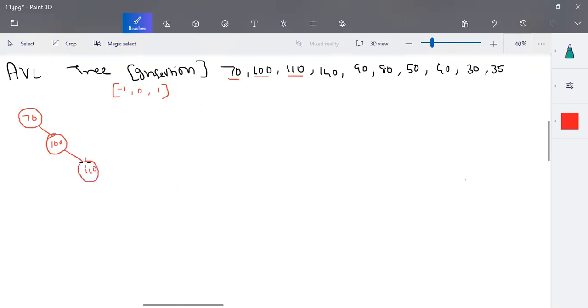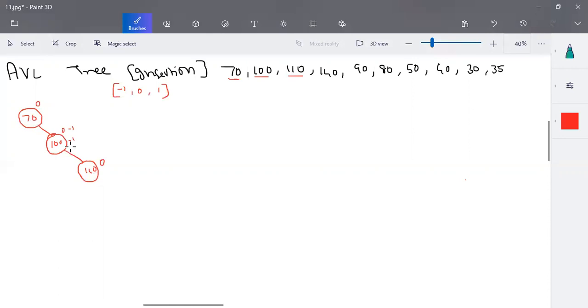Now calculate the balance factor. For the leaf node, the balance factor is 0. For 100, there is no left subtree, and the height of the right subtree is 1, so the balance factor is 0 minus 1, which is -1. For 70, there is no left subtree, so the height of the left subtree is 0.